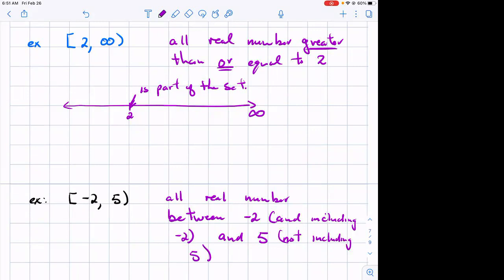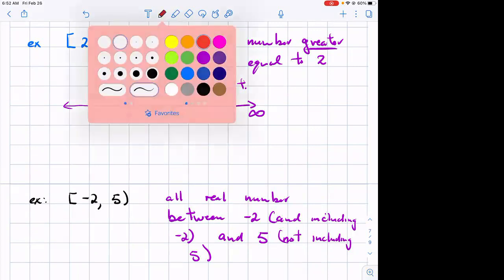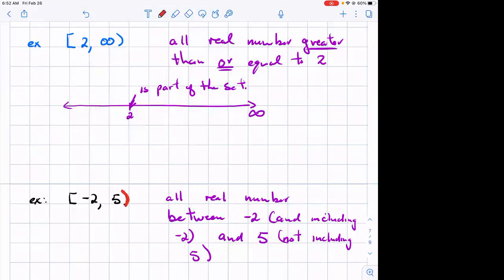The reason we say that is because if you look here, this is a parentheses. When it's parentheses, we don't include that number next to it. When it's a bracket, we include the number. So these are things you have to pay attention to.